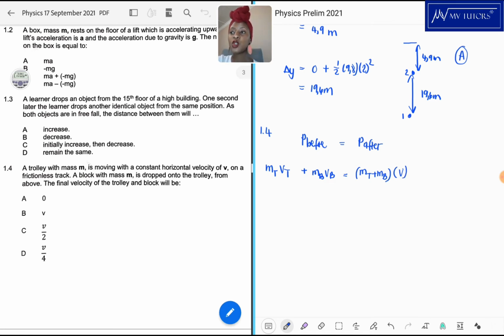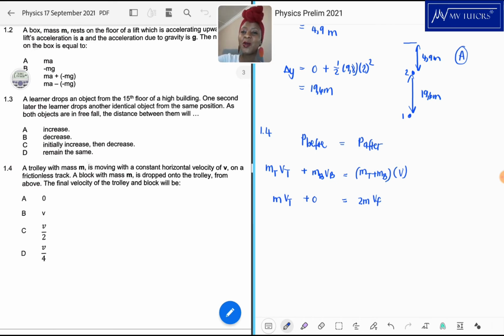We know the mass of the trolley is m, and the velocity of the trolley is v. The block's initial velocity is 0 because this block is dropped. They told us that the mass of the trolley is m, as well as the mass of the block is m. So afterwards we have 2m and this final velocity. Now they want to know the value of the final velocity.